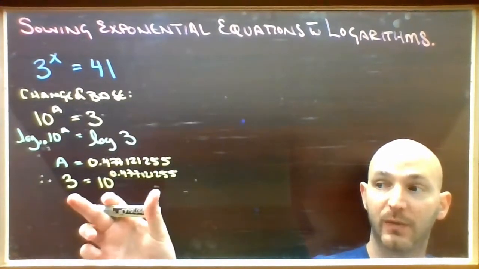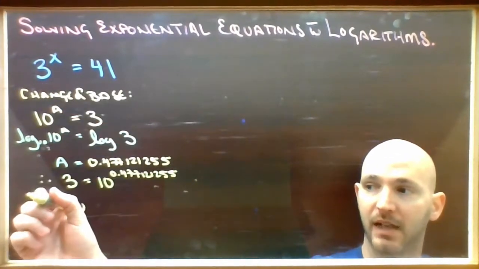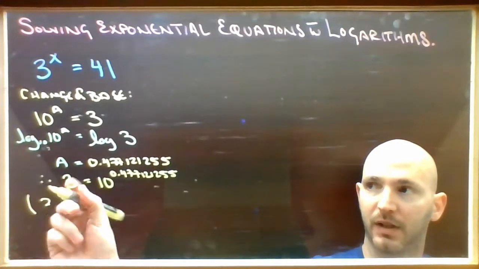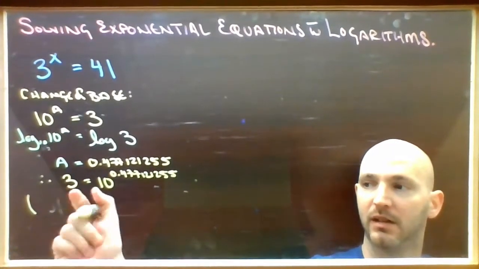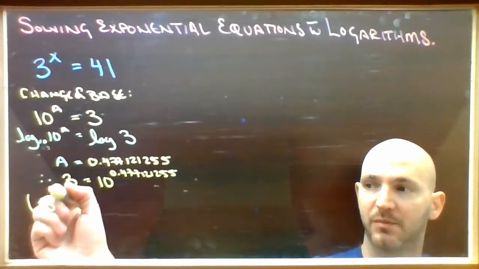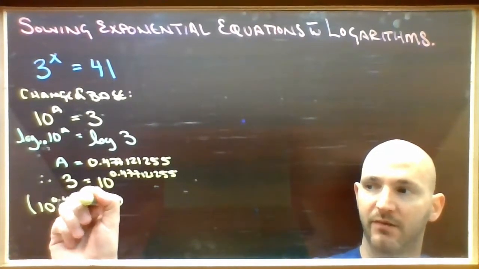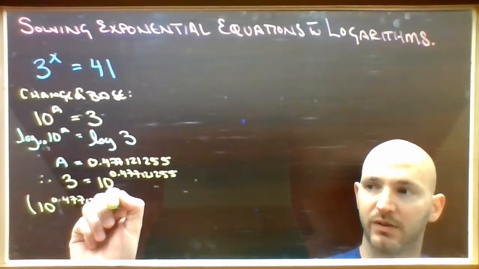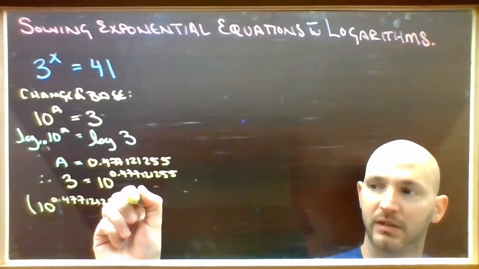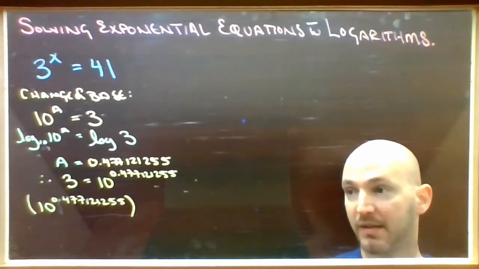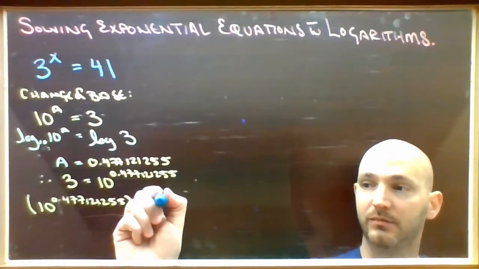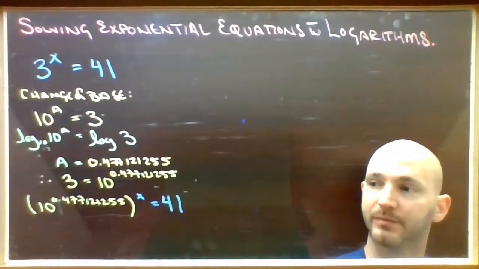So if I do that in this equation, instead of 3, I have 10 to the exponent 0.477121255, to the exponent x, equals 41.